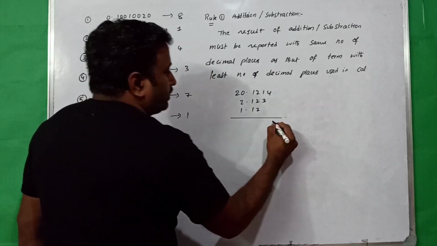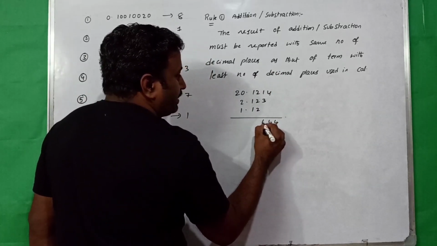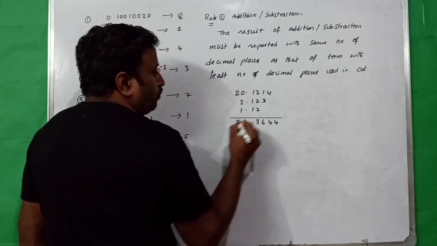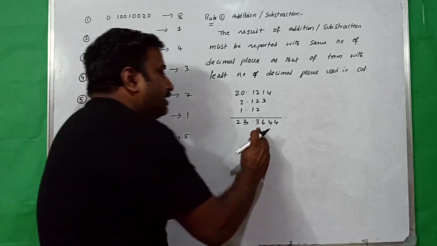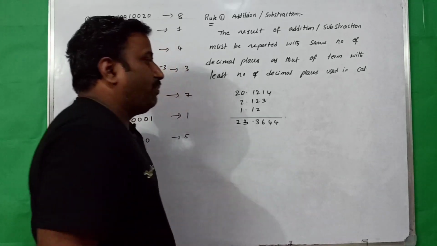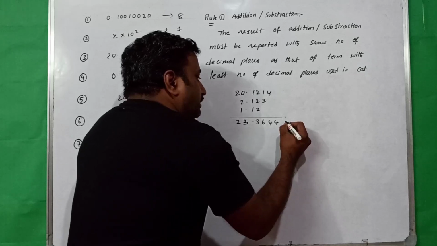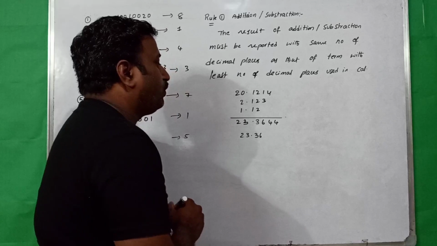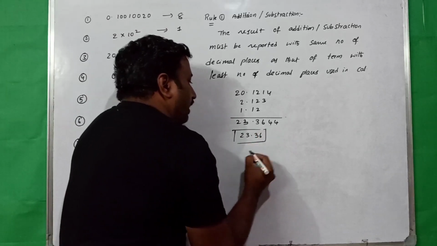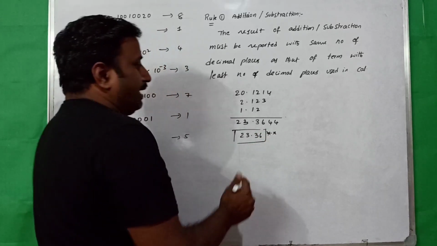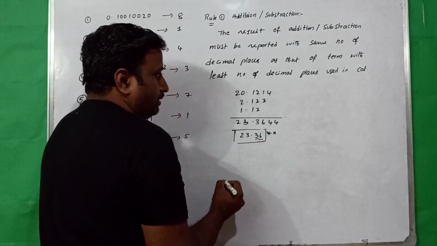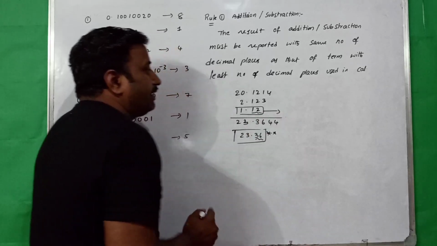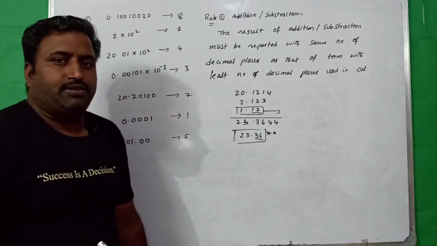Here the decimal places are 4, 3 and 2. The sum is 23.3644, but the answer is 23.36 only, because it has 2 decimal places, which is equal to the number of decimal places of the term with the least number of decimal places.